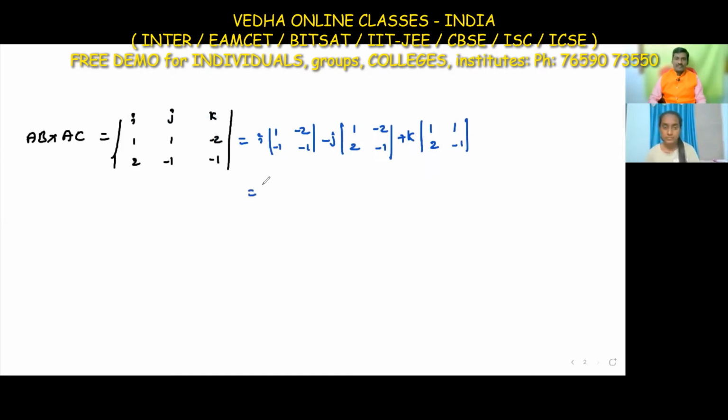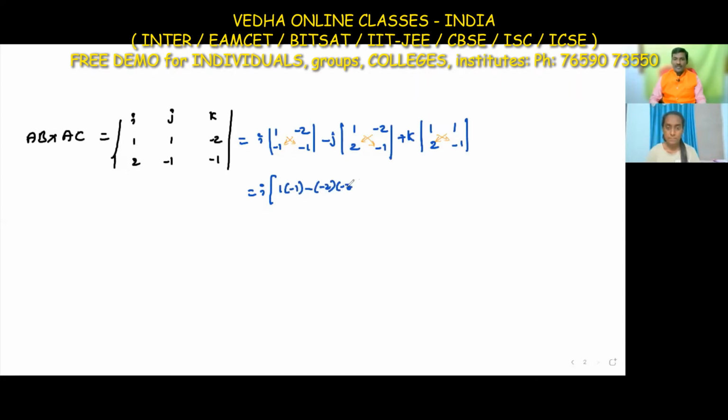So this equals i into, we have to do cross multiplication: AD minus BC. 1 into minus 1 minus minus 2 into minus 1.